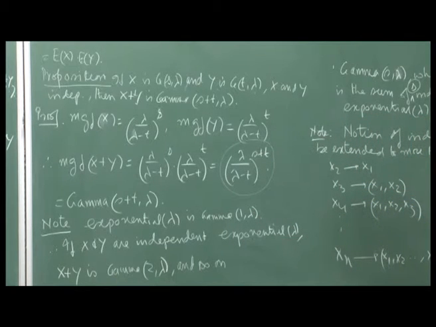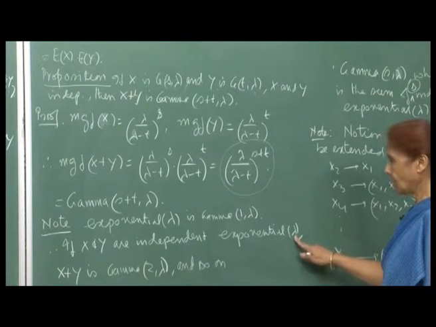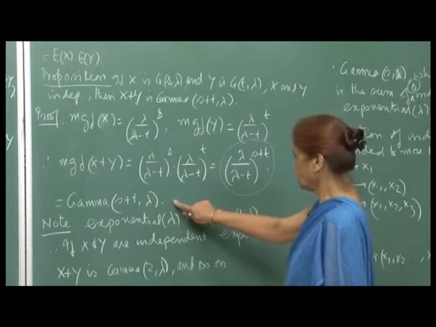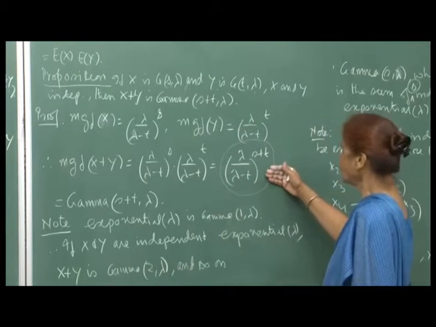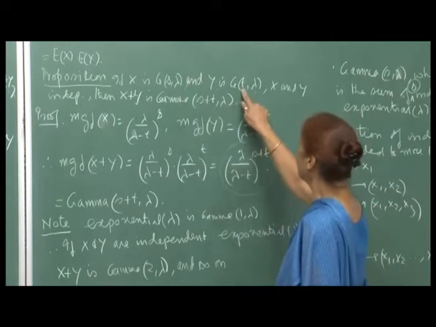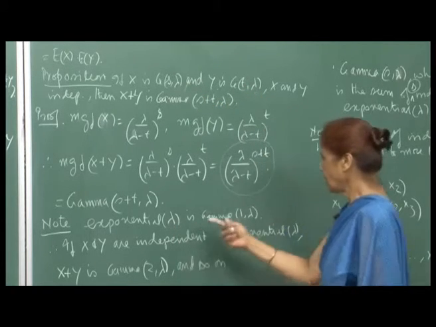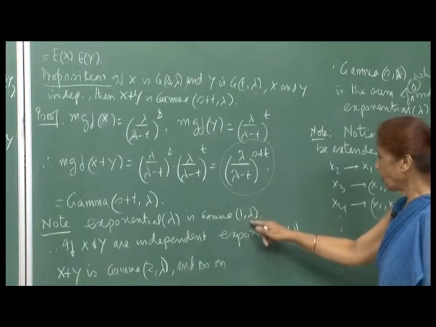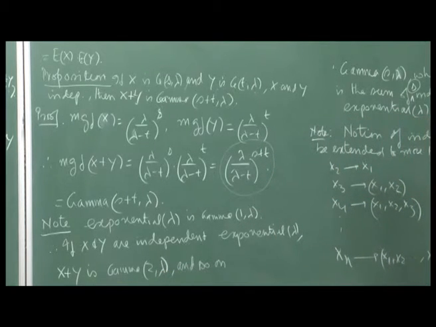Now, if x and y are independent exponential lambda random variables, both having the same parameter, then by this result x plus y will be gamma 2 comma lambda. I am using this result that the first parameters get added up if the second parameter is the same. Since x and y are both gamma 1 comma lambda, their sum will be gamma 2 comma lambda and so on.